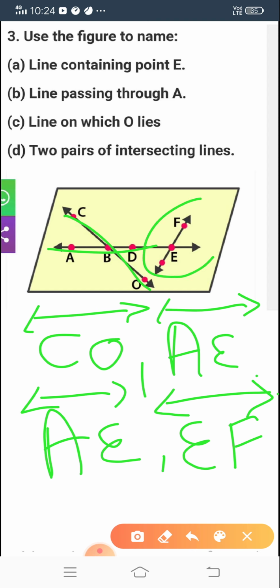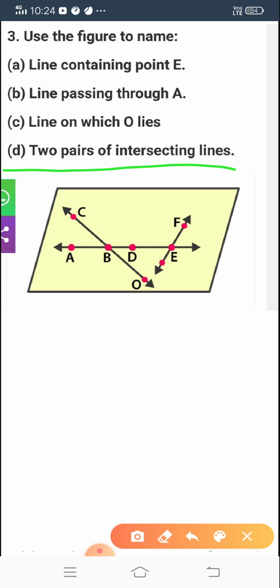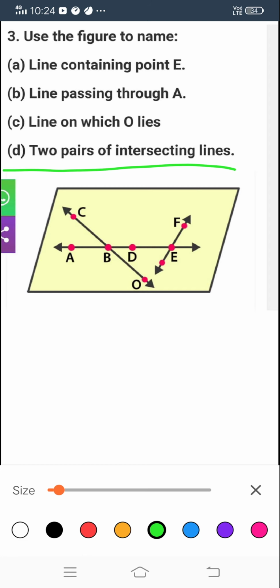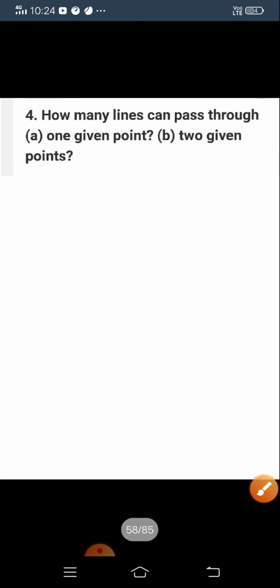This one is for the second point and this side is the second point. Okay, is it clear about the fourth question? This is the fourth one, two intersecting lines. So the intersecting lines are here, this one and this one.